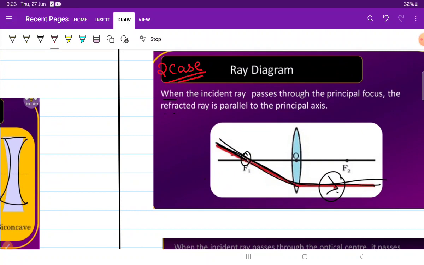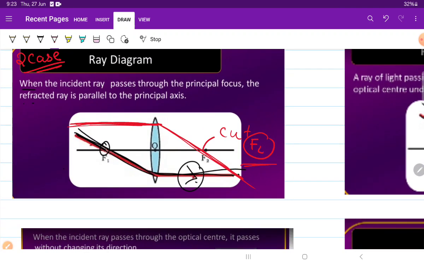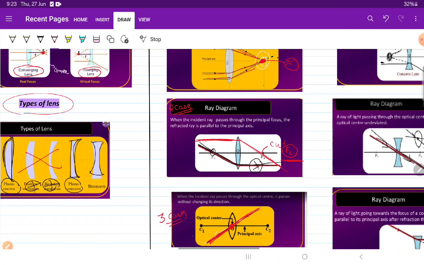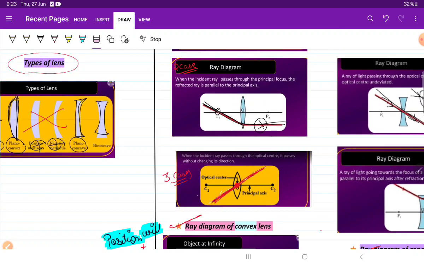Here I have not mentioned it, that is my mistake. If any ray is parallel to the principal axis, then after being refracted by the convex lens, it will pass through the focus F2. So here are the four cases of convex lens.